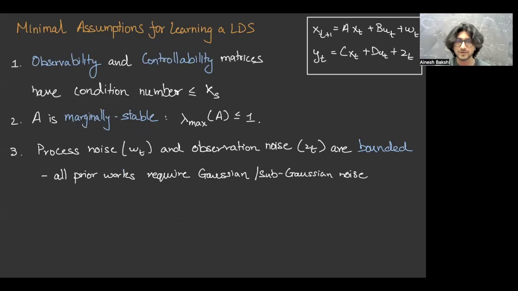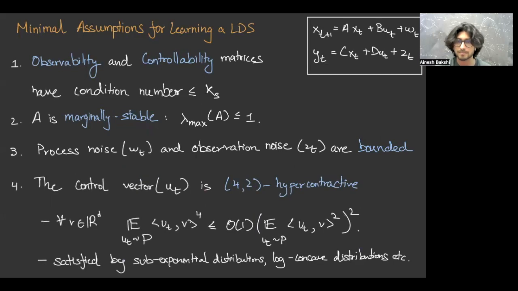Next, we assume that the process noise W_t and the observation noise Z_t have bounded variance. This is actually a significant weakening of assumptions in prior work, which assume these noise distributions to be sub-Gaussian. Finally, we assume that the distribution of the control input is hypercontractive. The precise definition of hypercontractivity is not too important for the purposes of this talk.